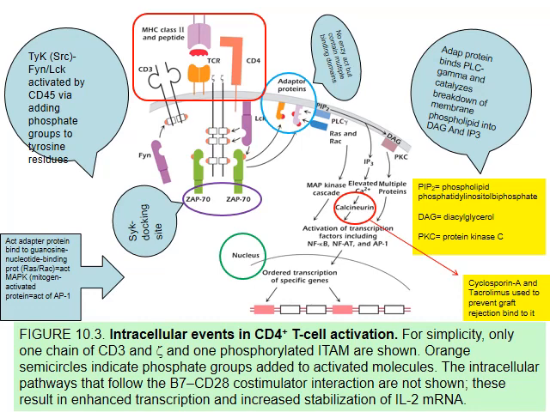Now, this is an oversimplified picture over here of intracellular events in CD4 T cell activation. And some of the steps have been omitted, but I would just want you to understand the first signal in this red box over here. You are familiar with that.